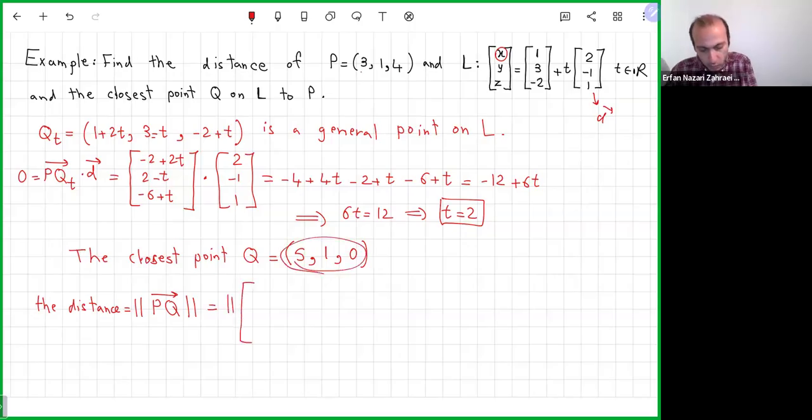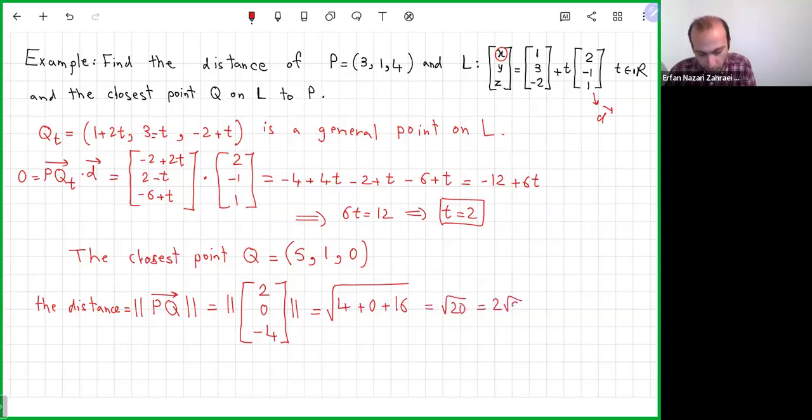It's Q minus P, that's 5 minus 3, 2, 1 minus 1, 0, 0 minus 4, negative 4. And then the length of this vector is root of 4 plus 0 plus negative 4 squared, 16, which is root 20, or 2 root 5. That's the distance from the point to the line.